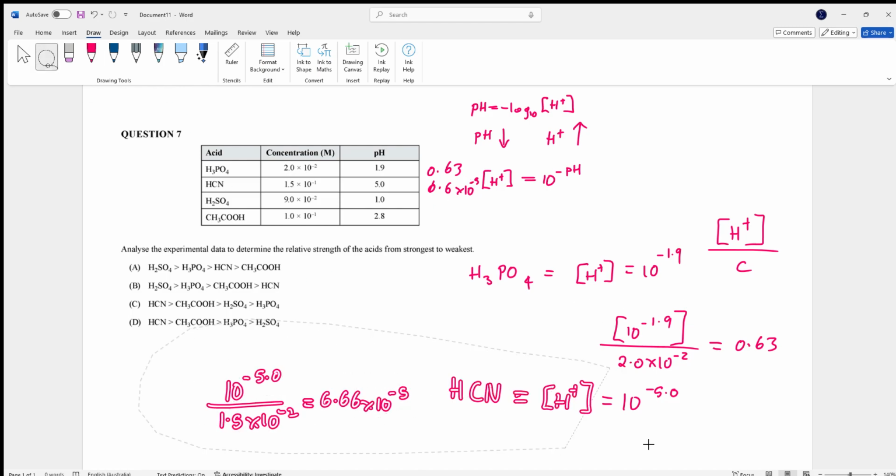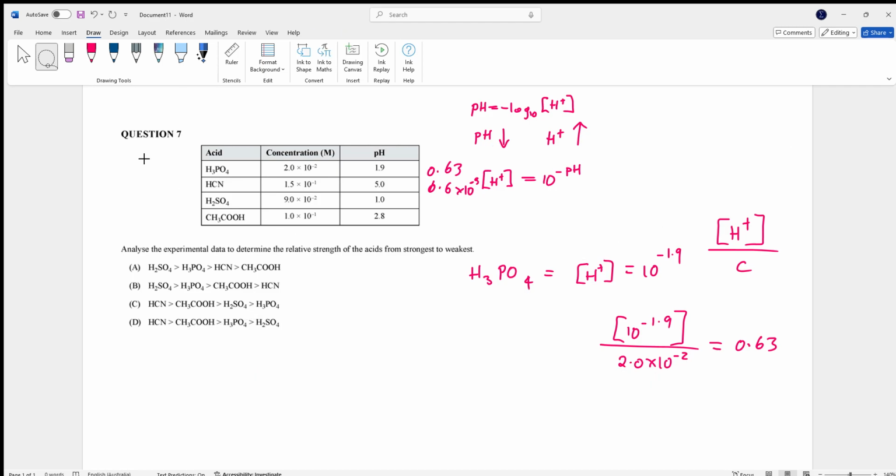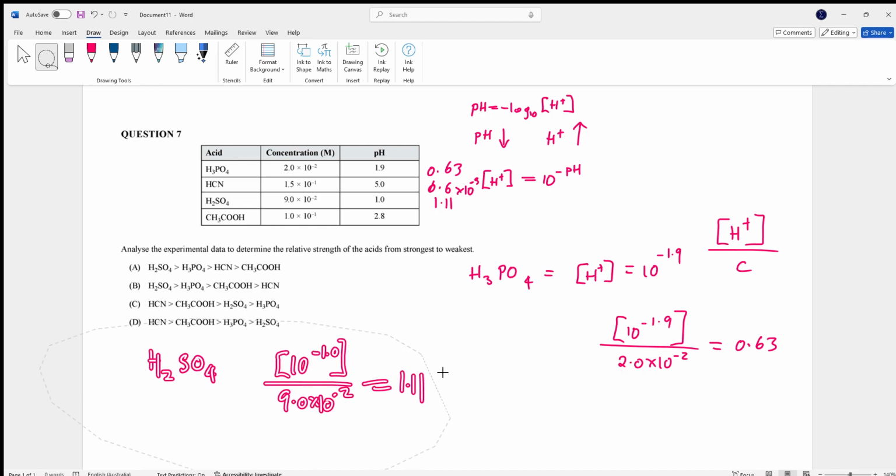We'll move this out the way now. We'll keep that one there. Then for this one, H2SO4, we'll have the top bit 10 to the negative 1 over the concentration, which is 9.0 times 10 to the negative 2, which gives us 1.1. So at the moment, that one is the strongest in terms of acids, because of the concentration per H+ involved.